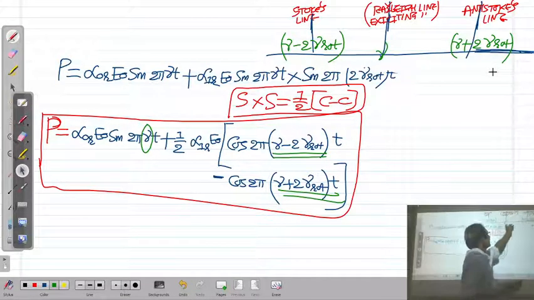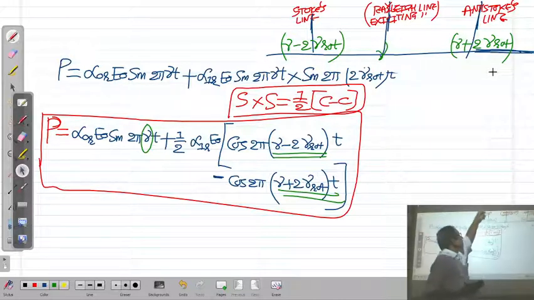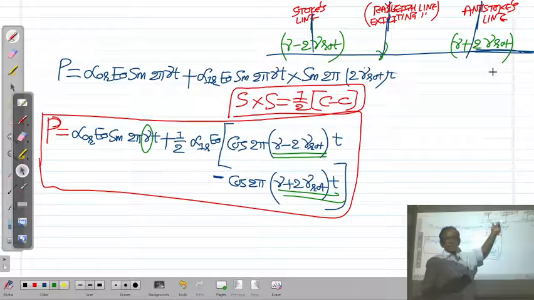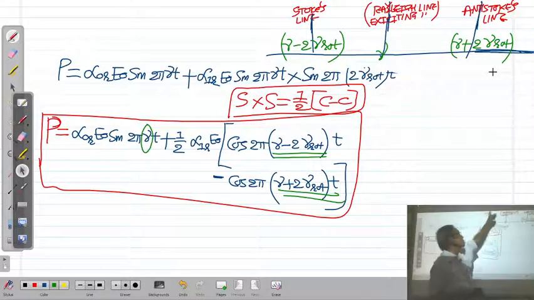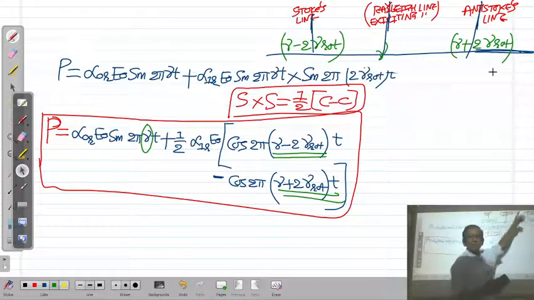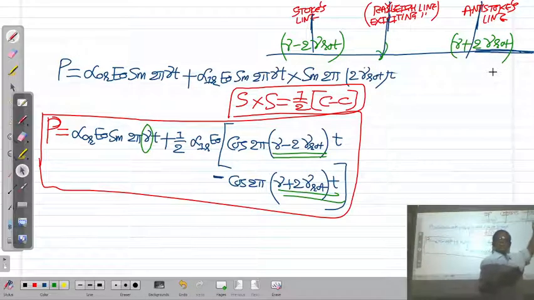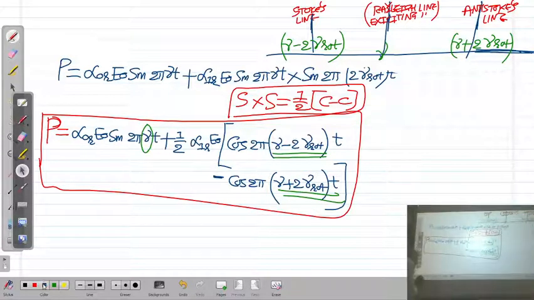So this is the explanation of three lines. Here we get a Rayleigh line or exciting line of the same frequency as that of the incident beam, that is nu. In rotational motion, we also get a Stokes rotational line and an anti-Stokes rotational line. The frequency of the Stokes rotational line is nu minus 2 nu rho, and the frequency of the anti-Stokes rotational line is nu plus 2 nu rho.